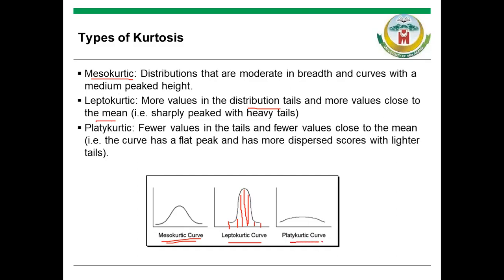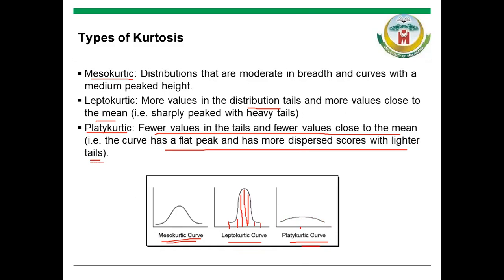platykurtic curve, here the values are equally distributed. What does platykurtic mean? Fewer values in the tail and fewer values close to the mean, that is, the curve has a flat peak and more dispersed scores with lighter tails. The tail is not high, and the values are distributed among the different points.